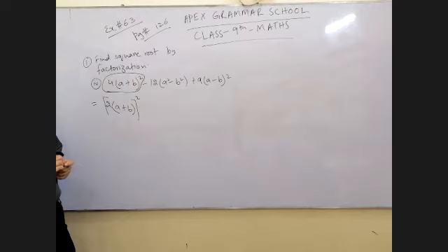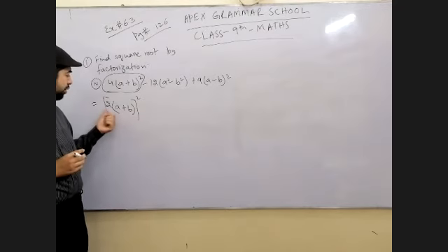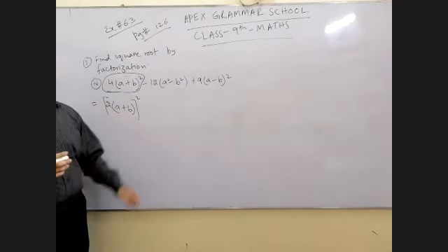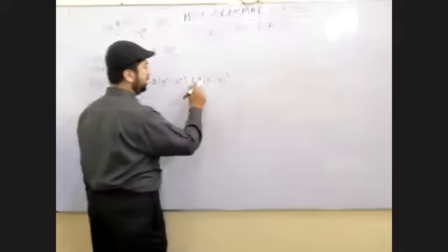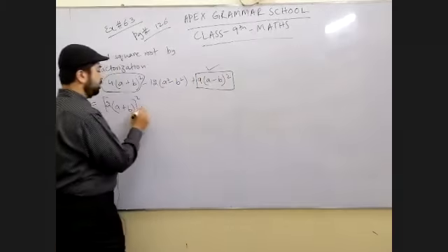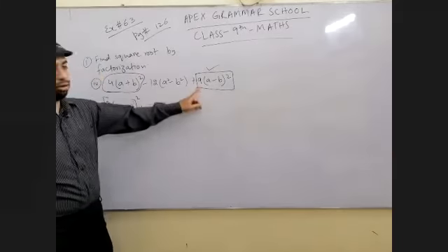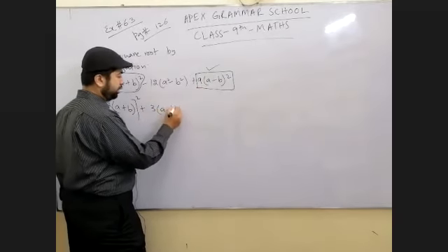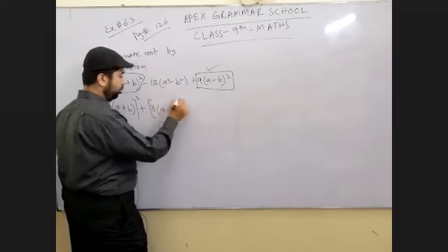This is a square, and the next positive square is this. This is b square, because 9 is the square of 3, so you can write it as (3 into (a minus b)) whole square.